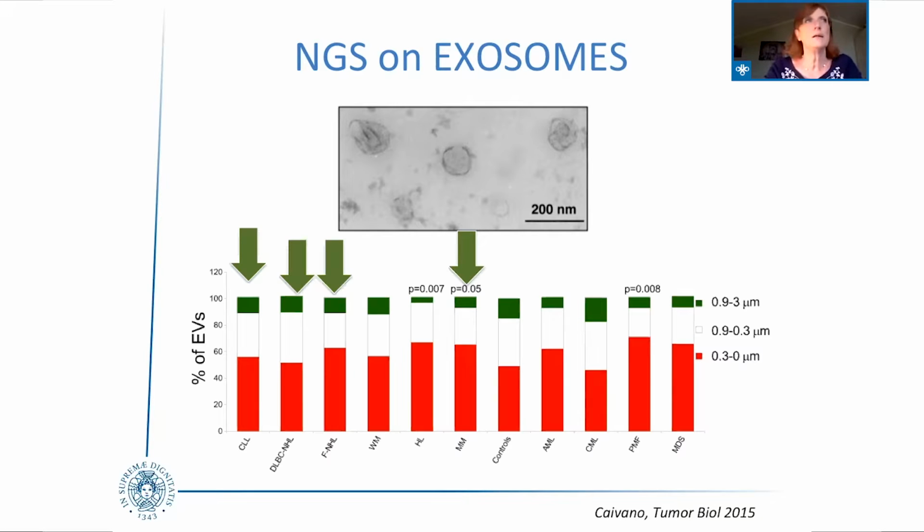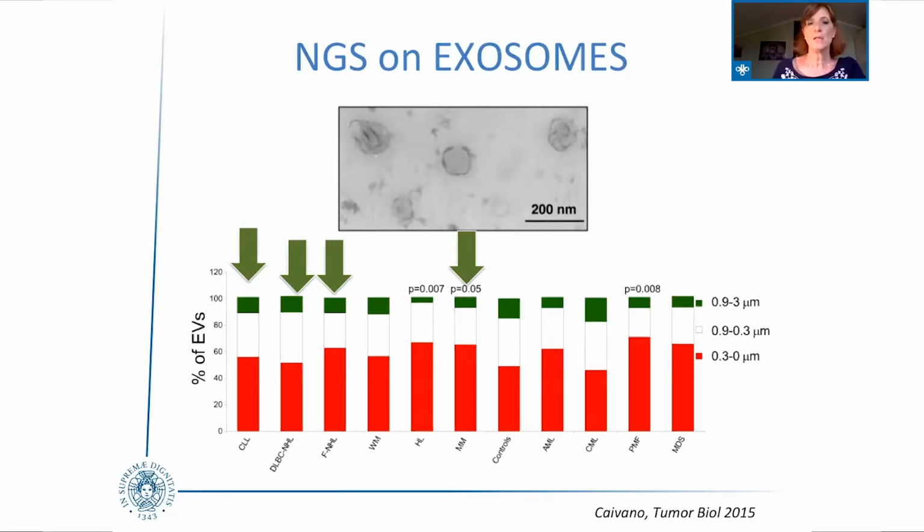We can hypothesize that exosomes can be the target of our MRD detection, because it's not rare to find a situation when we have patients who are MRD negative in bone marrow, but relapse outside bone marrow, especially in multiple myeloma or non-Hodgkin lymphomas.